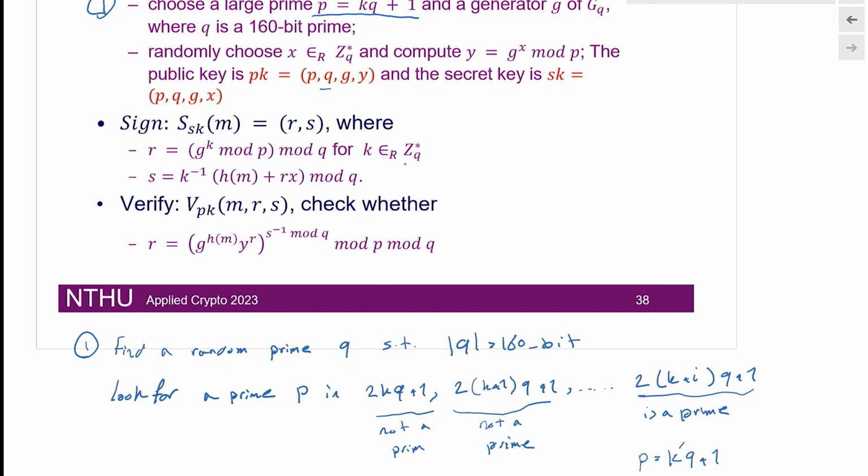We choose a K randomly from ZQ, and then we compute G to the K mod P and then mod Q, back to back. We first compute mod P, and then compute this value mod Q, because we want to make sure that our R values are a member of ZQ. That's how we compute R.